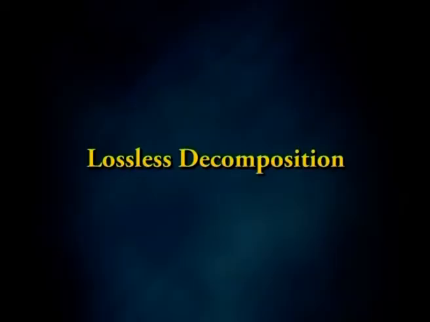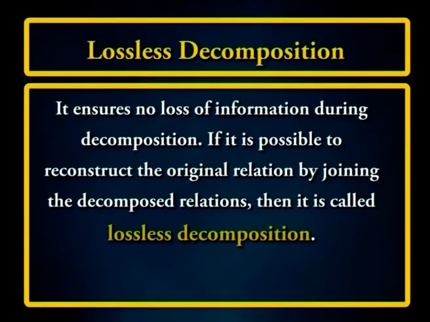The first criterion is lossless decomposition. It ensures no loss of information during decomposition. If it is possible to reconstruct the original relation by joining the decomposed relations, then it is called lossless decomposition.